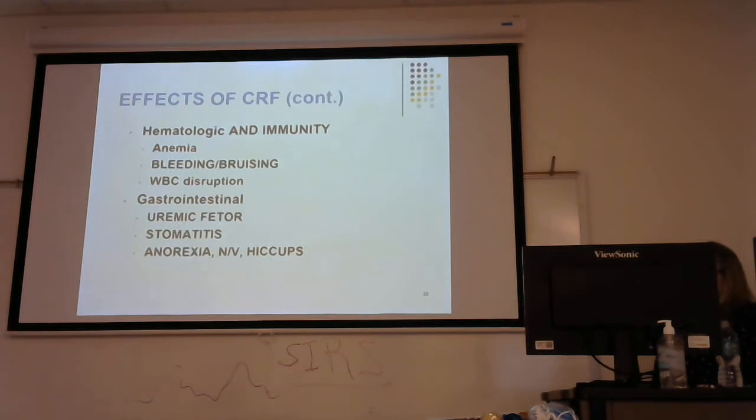And speaking of their blood, remember we don't make good erythropoietin, so they get anemic. And not only are they anemic because we don't make erythropoietin, but also because red blood cells don't last as long when those toxins are around.